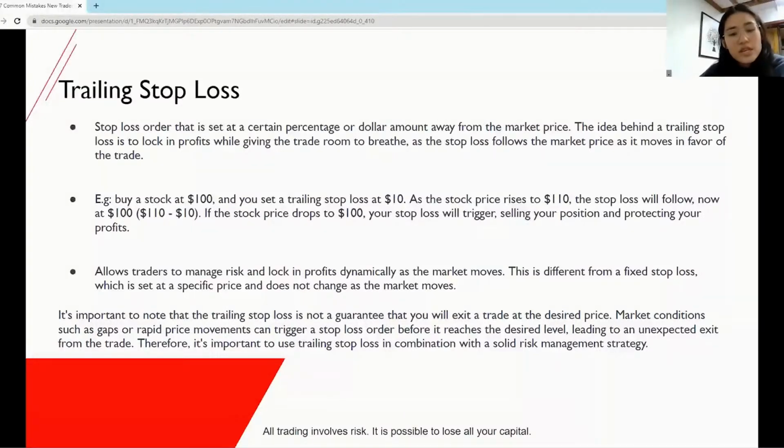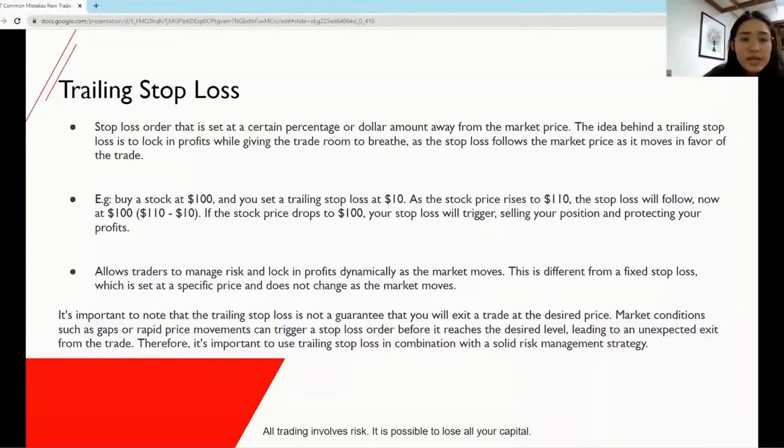The trailing stop loss technique can be a useful tool for traders because it allows them to manage risk and lock in profits dynamically as the market moves. This is different from a fixed stop loss, which is set at a specific price and does not change as the market moves.